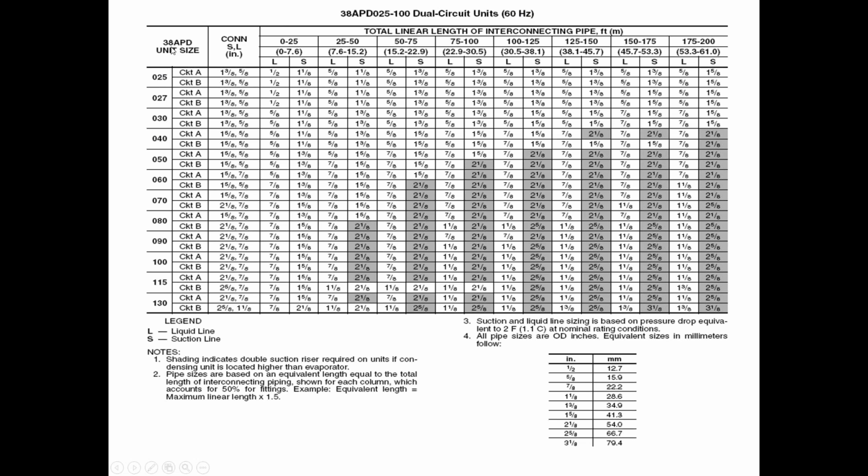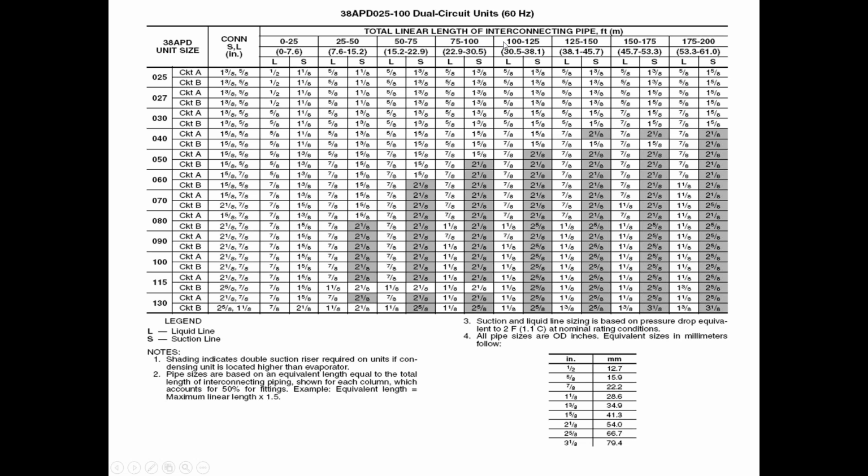Now I've got to find my tonnage. Let's say I've got a 38 APD 100. Now I know where I need to be, but what is my total linear length of interconnected pipe? Let's say we've got 100 feet. We come over to the chart here.